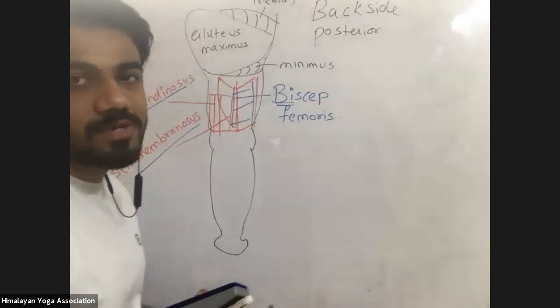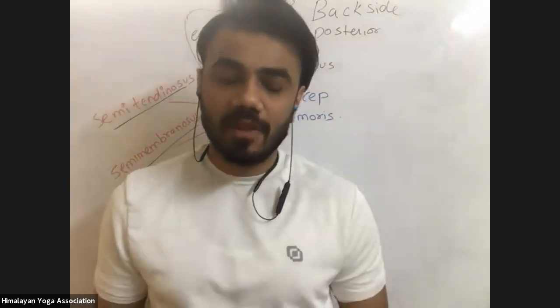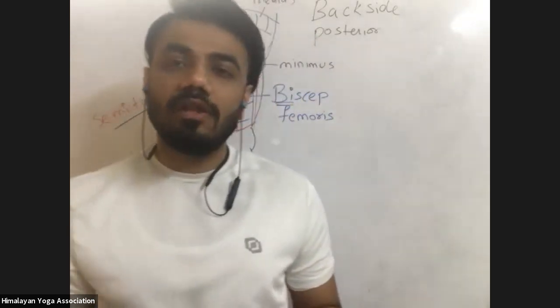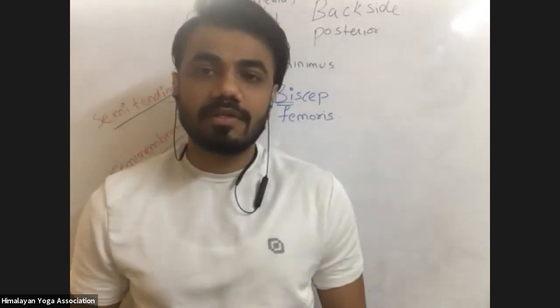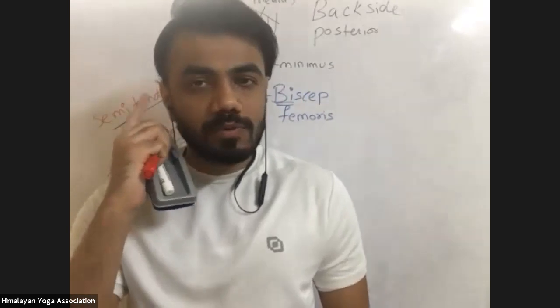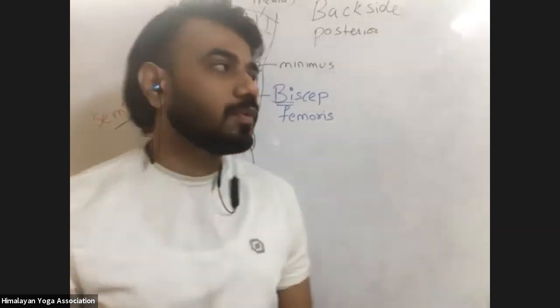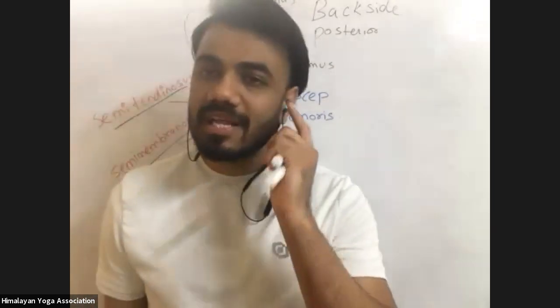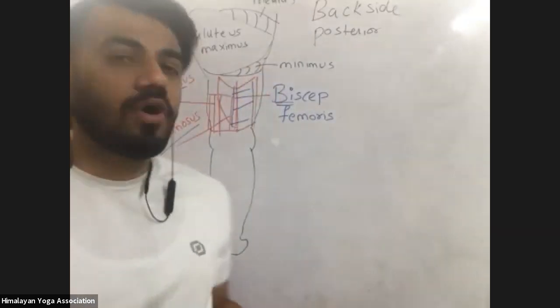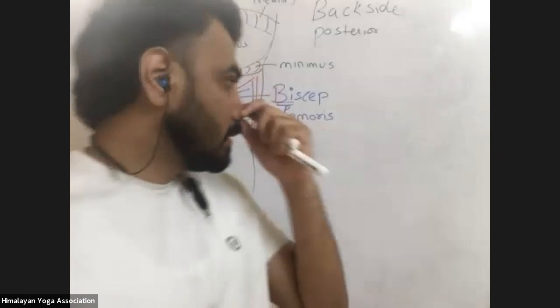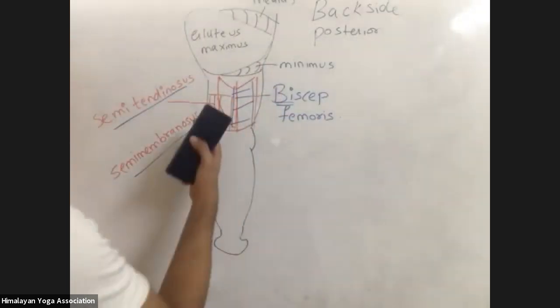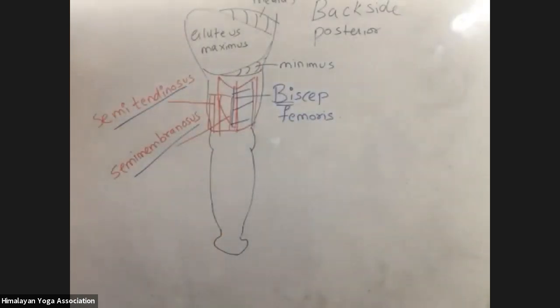Hamstring injury and hamstring stretch are very important. When you do any forward bending asana, you will stretch your hamstrings, like pyramid pose, Paschimottanasana, forward fold postures, Prasarita Padottanasana, or Uttanasana, the simple standing forward fold. This is the stretching given to our hamstrings.